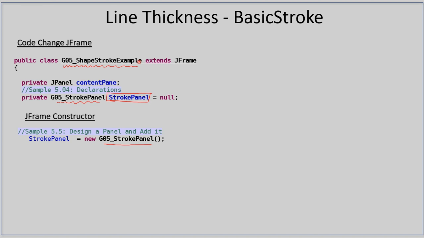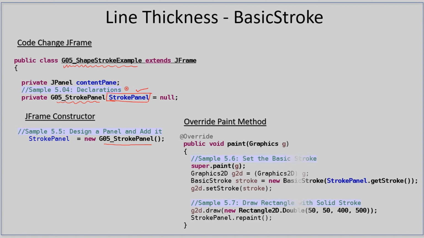And in this JFrame's constructor, we create our JPanel derived class and we initialize this member stroke panel. Then JFrame overrides the paint method, and inside the paint method, we make a call to the superclass paint method. After that, we are converting our Graphics g into a Graphics2D instance.